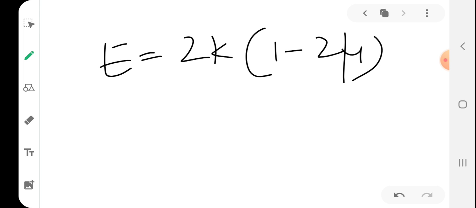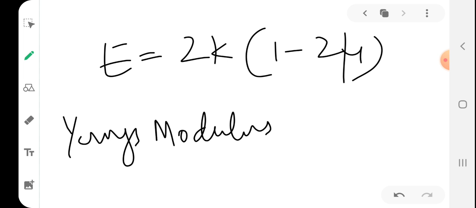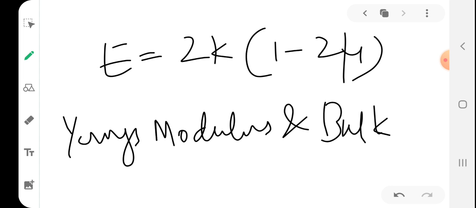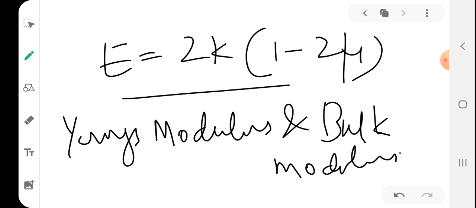Relationship between Young's modulus and bulk modulus in case of equal pressure on all sides of the element. So this is how we develop the equation for a relationship between Young's modulus, Poisson's ratio and bulk modulus.